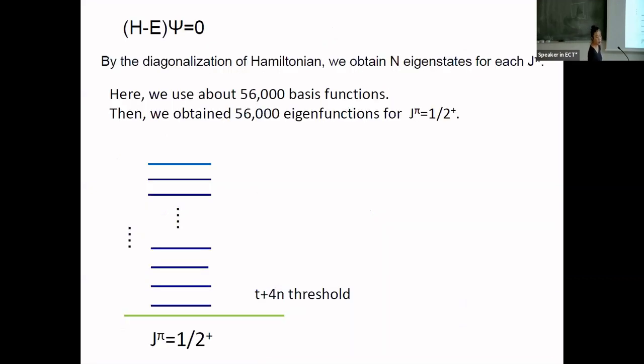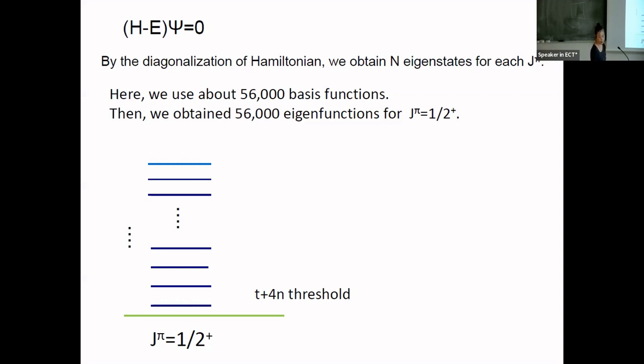As mentioned before, we solve the Schrödinger equation and diagonalize the Hamiltonian, and we obtain the n-th eigenstate for J pi. Here we take about 6,000 basis functions. After diagonalizing the Hamiltonian, we obtain 65,000 eigenstates, in this case for J equal 1/2 plus of hydrogen-5.